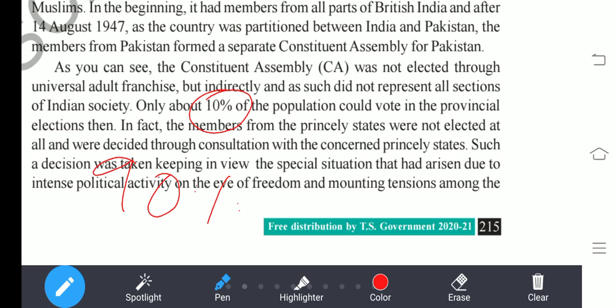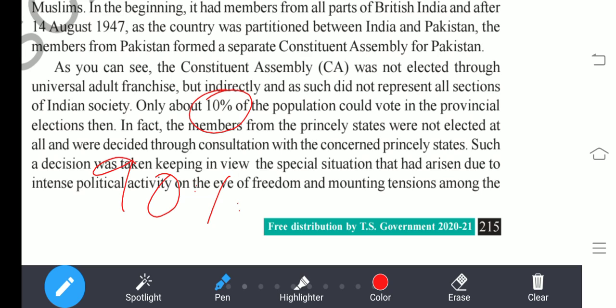Understand? Hence, we say that it is not elected by the people directly but indirectly elected. People did not elect the members of the Constituent Assembly directly. People in all the provinces elected the representatives to the provincial assemblies. So members of the provincial assemblies elected members to the Constituent Assembly. So it is an indirect election.